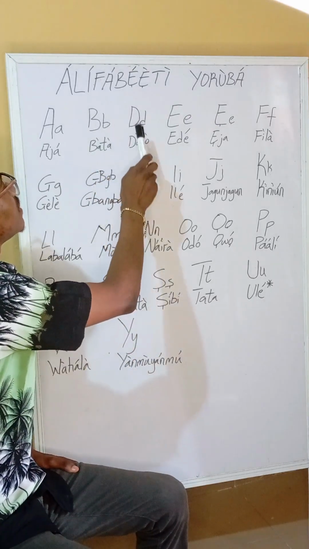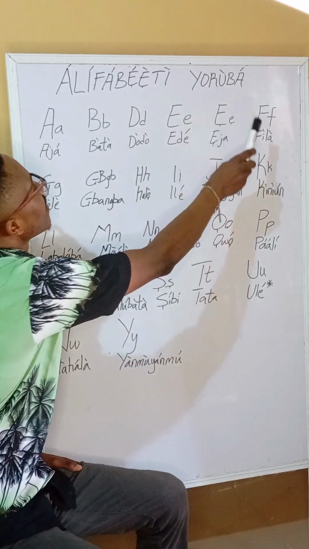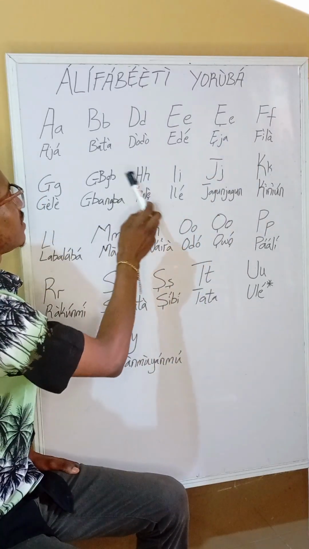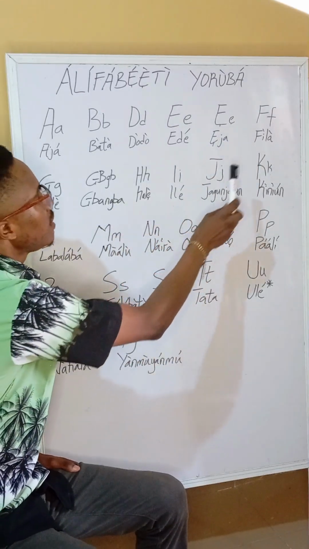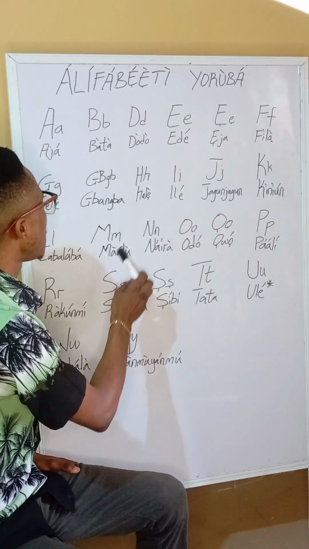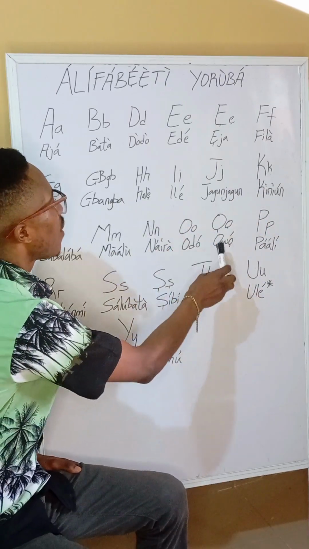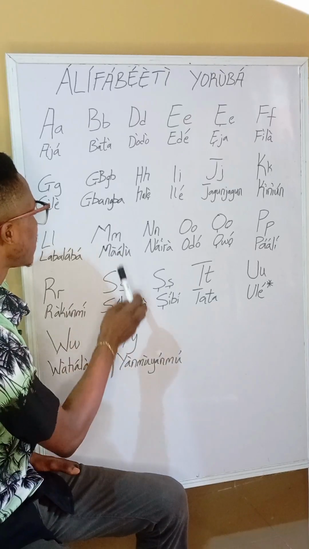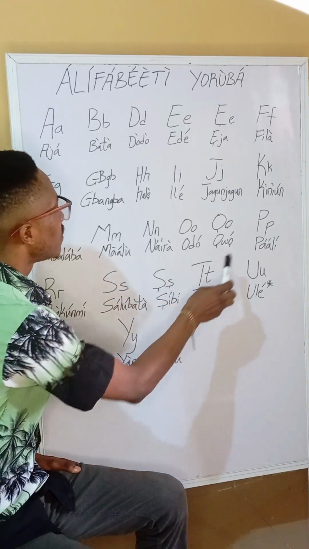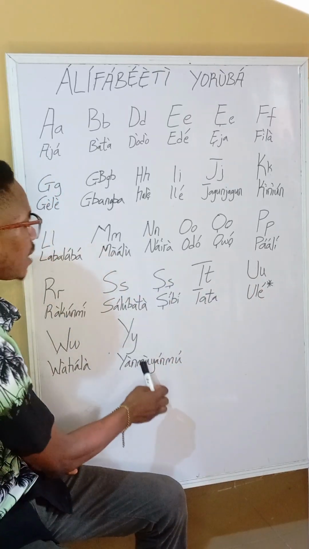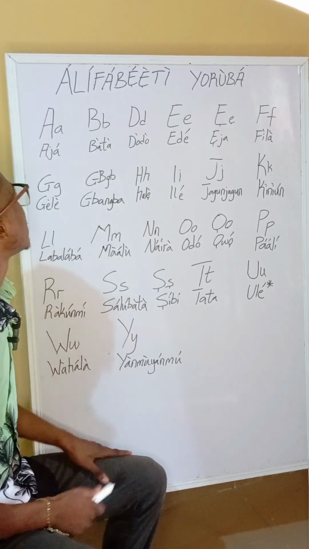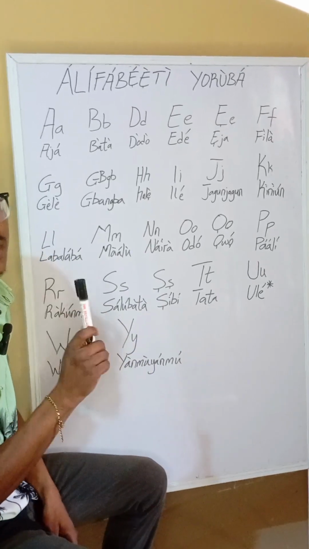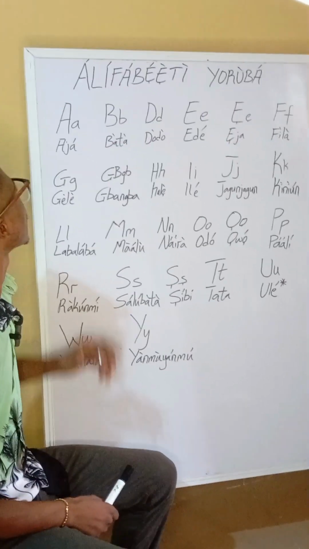A, B, D, E, F, G, Gb, H, I, J, K, L, M, N, O, P, R, S, Sh, T, U, W, Y. So let's look at some words where we can find the occurrence of this Yoruba alphabet.